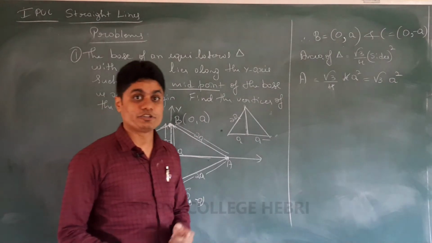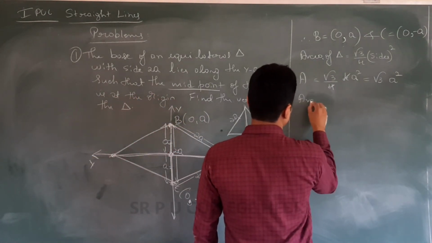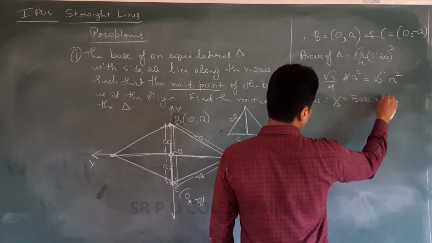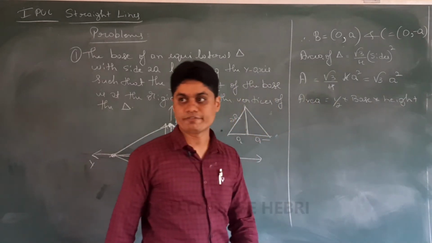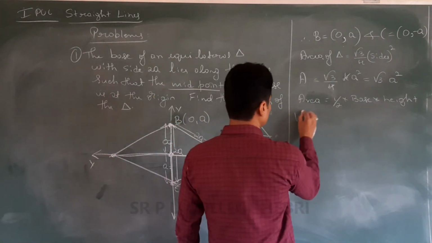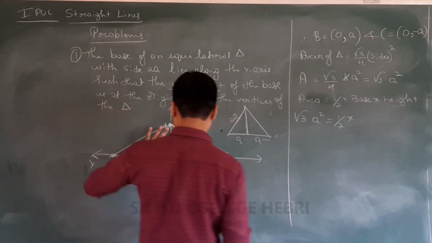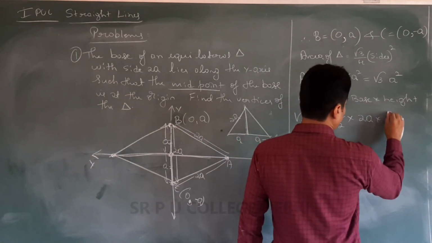Area can be found using another method also: area is equal to half into base into height. Area is known, root 3 a squared; the base is also known, the full length 2a. Height is required, let it be h.